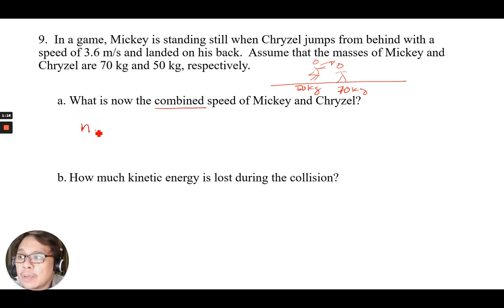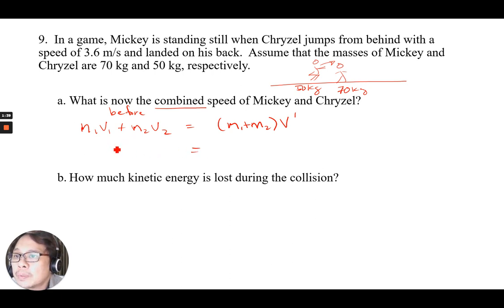So we use the equation m1 v1 plus m2 v2, before collision, is equal to, now they are combined, m1 plus m2 v prime. The mass of Mikey is 70 kilograms, and he is standing still, so v1 is 0.